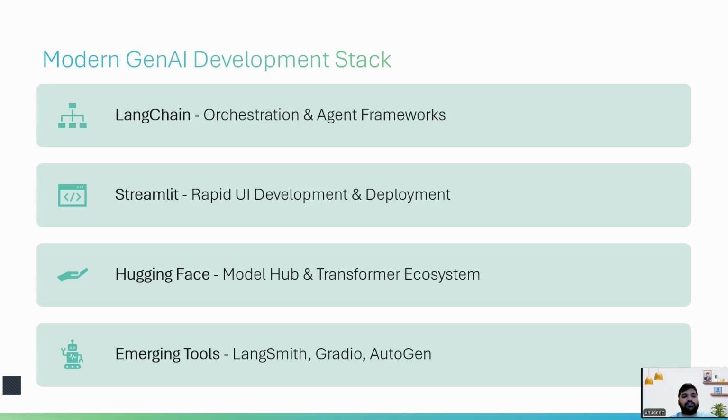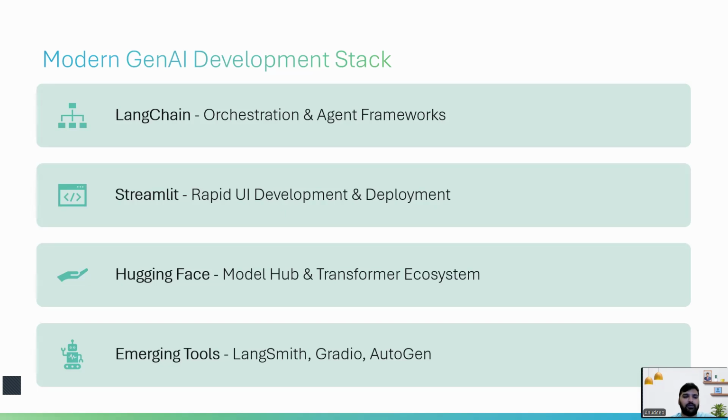Coming to the user interface of your GenAI app backend, it is very easy if you are looking for a Python-related UI app. You can go ahead with Streamlit, which helps you rapidly develop a UI chatbot and deploy it. Now, if you remember, I spoke about embeddings and we need an embedding model.